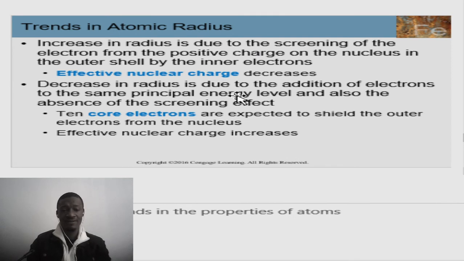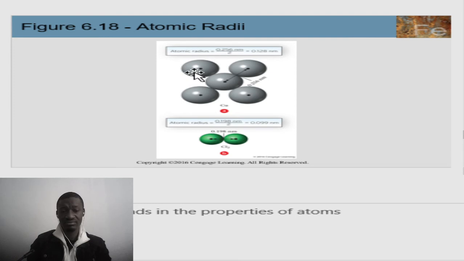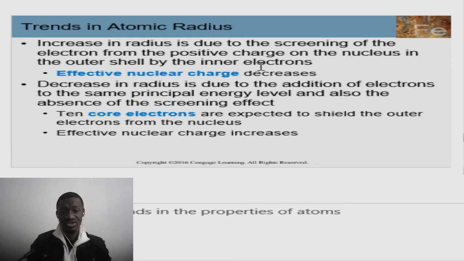So the trends in atomic radius. The increase in the radius is due to the screening of the positive charge of the nucleus from the outer shell by the inner electrons. So you have several electrons laying on themselves according to the level that they are at.